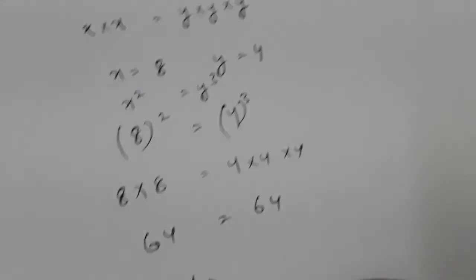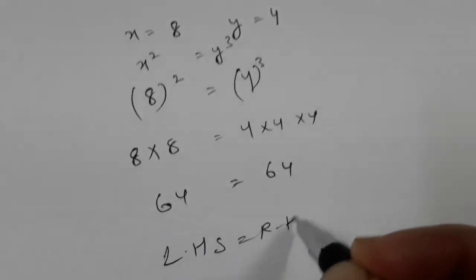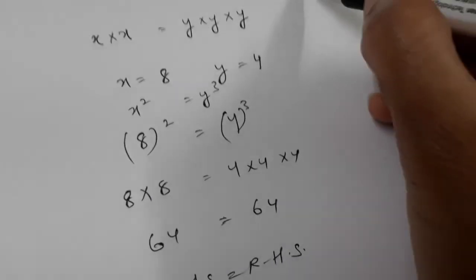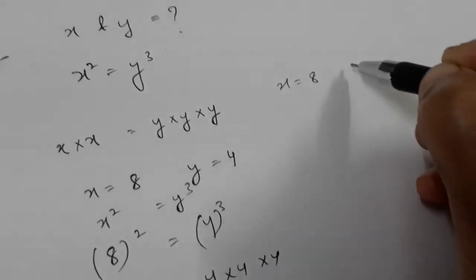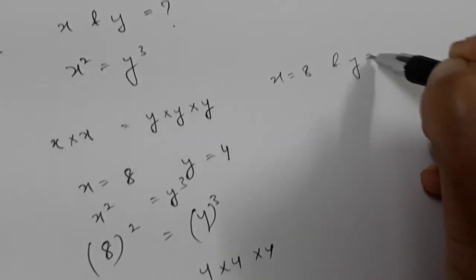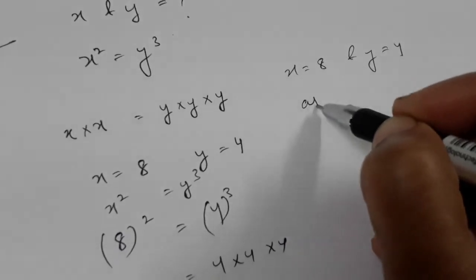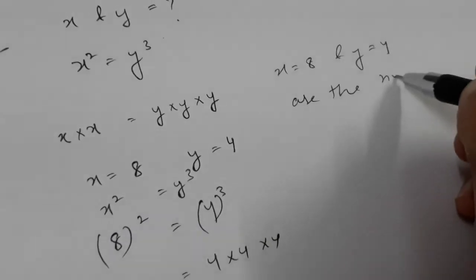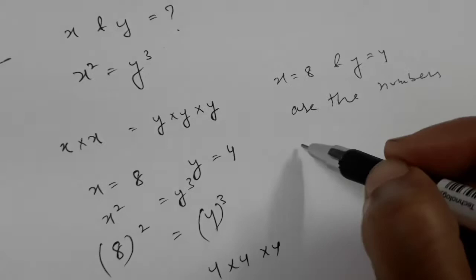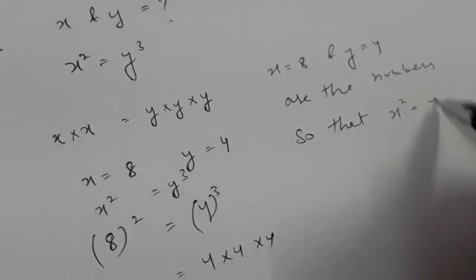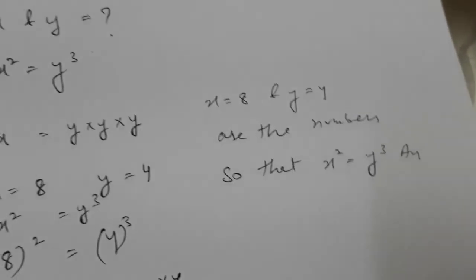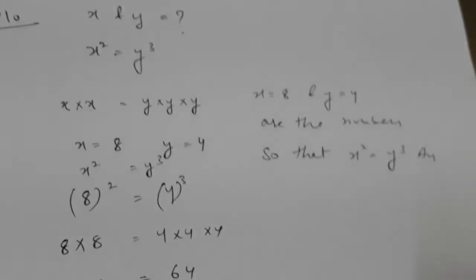Therefore LHS equals RHS. So we can say x equal to 8 and y equal to 4 are the numbers so that x square equals y cube. This is our answer.